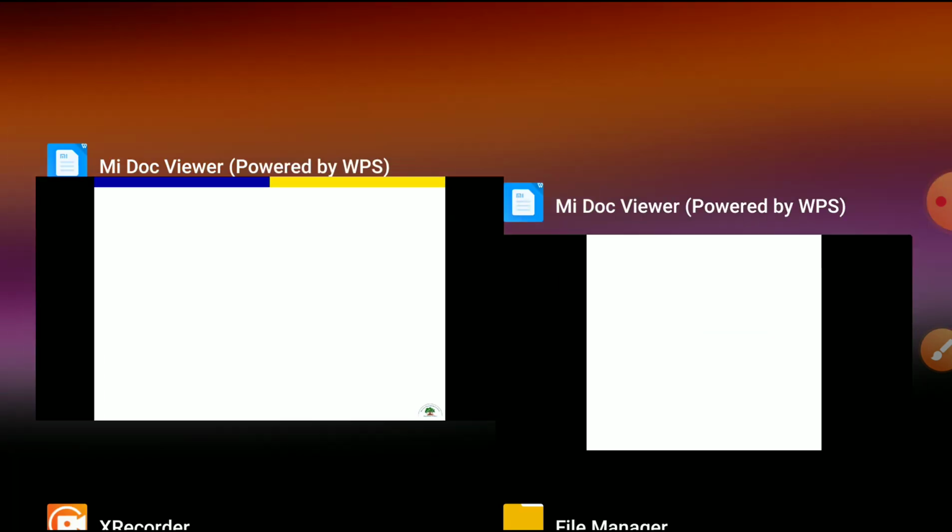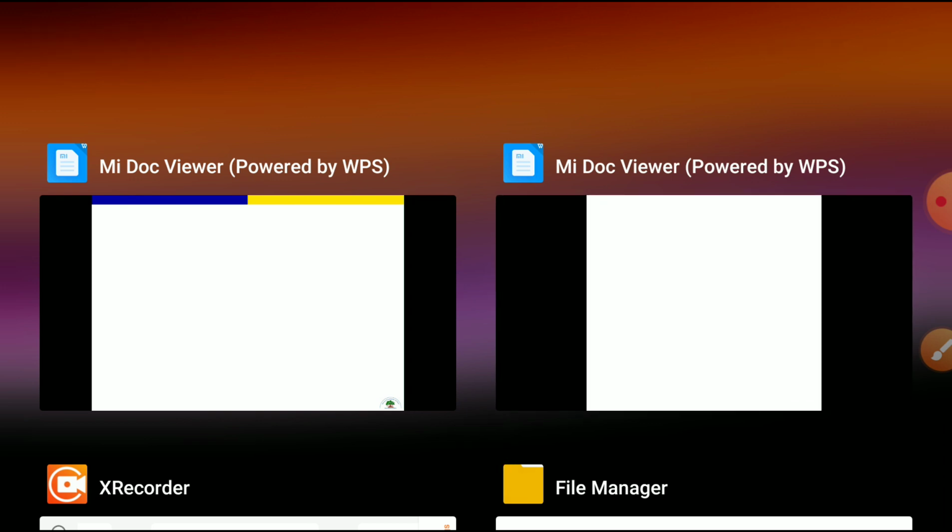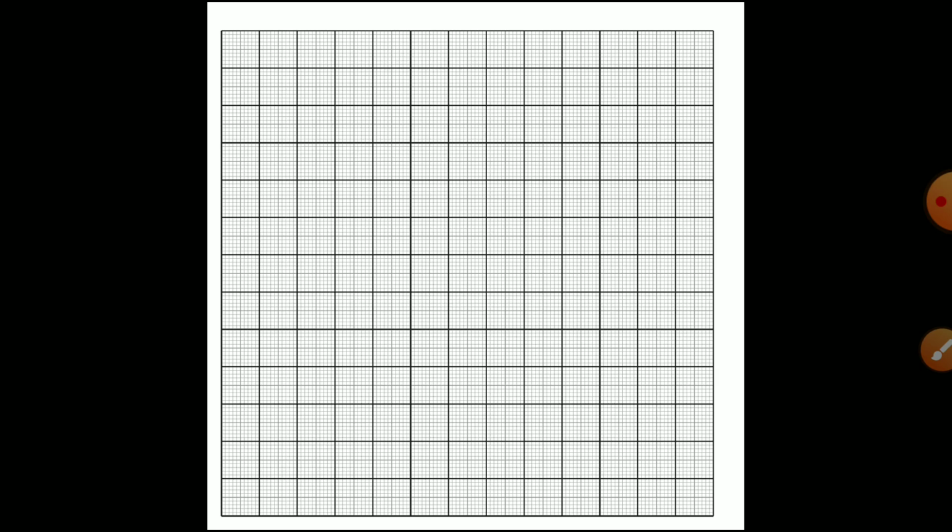So let us see the graph, and we will plot all points on the graph now.